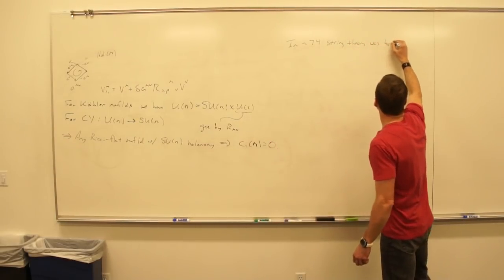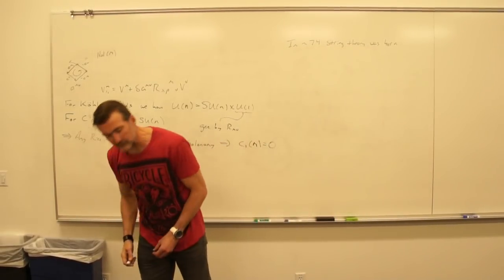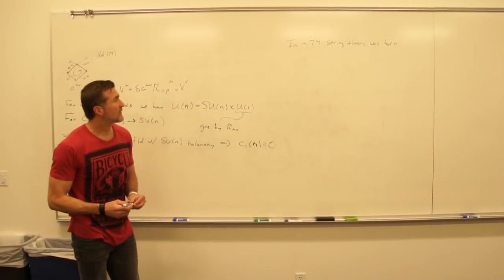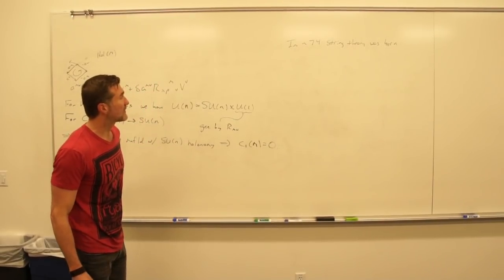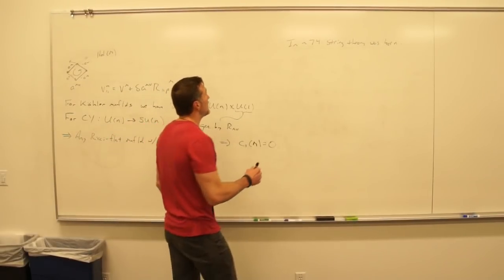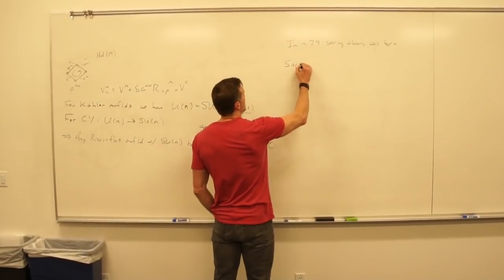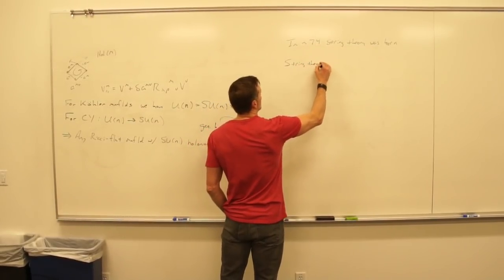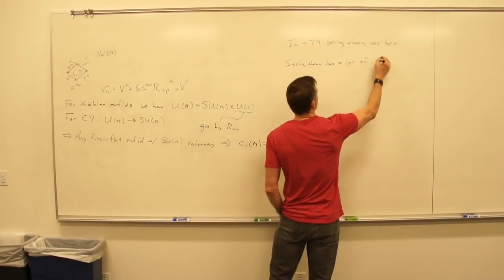And I don't have the specific timeline for when all of the various supersymmetries and various heterotic, type 2, type 1 string theories were actually fleshed out. But an important aspect of the string theory story is that string theory has a lot of supersymmetry.